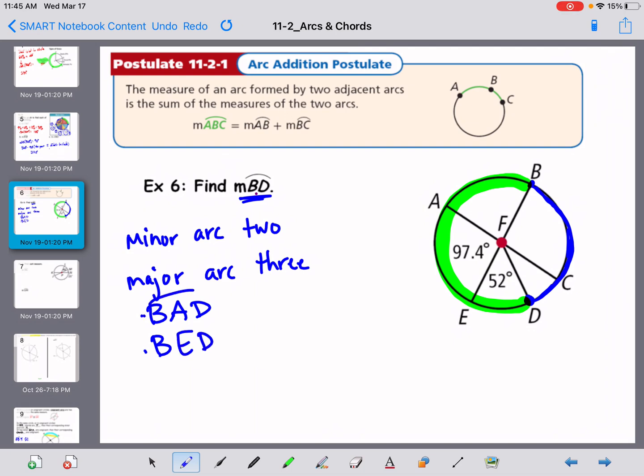Either of those arcs would have meant the green one. But since that's not what I have listed, I know that it's the smaller one. It's the minor arc. The reason I did not include the C is because if I had used 3 letters, I'm talking about a major arc. The blue one is obviously smaller than half of the circle, so I know it's a minor.